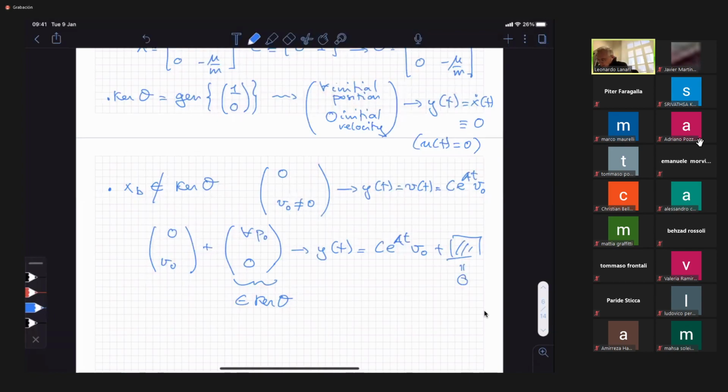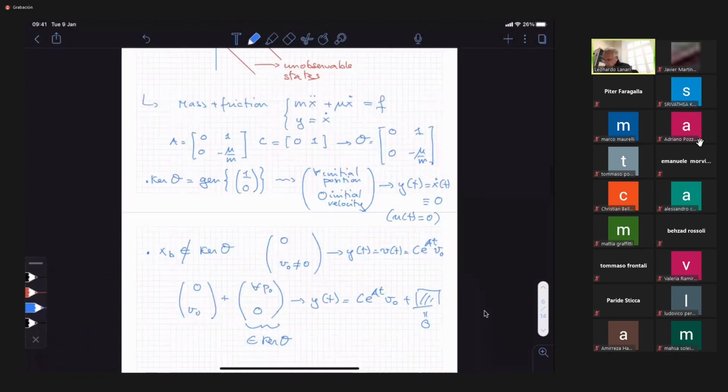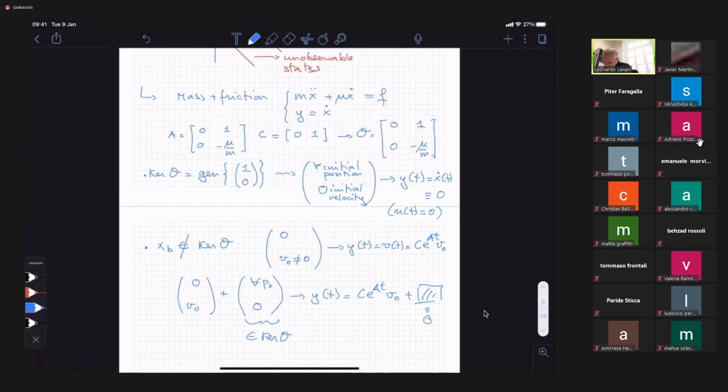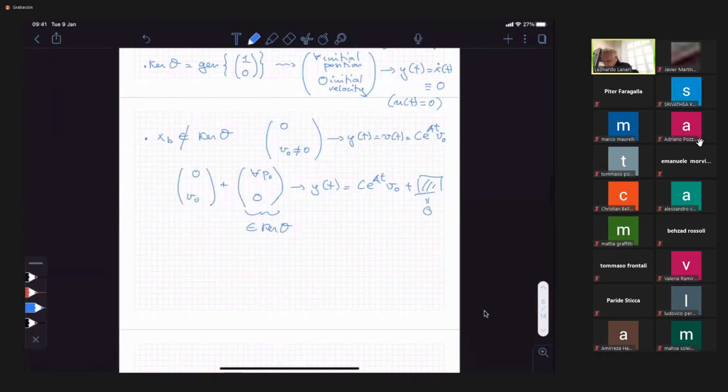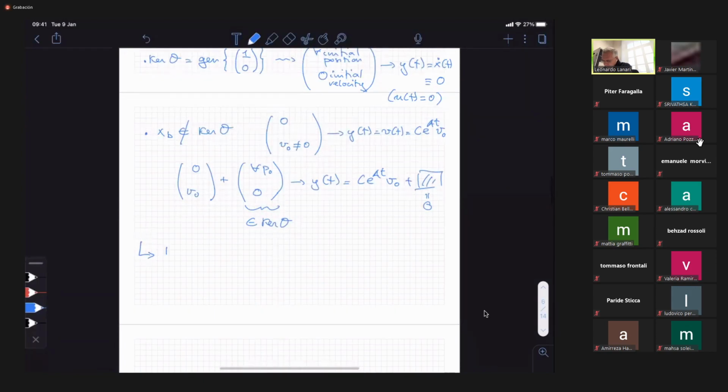Okay, so now at least this example of mass friction is hopefully clear. Then the last question was, but why is the mass spring damper different?